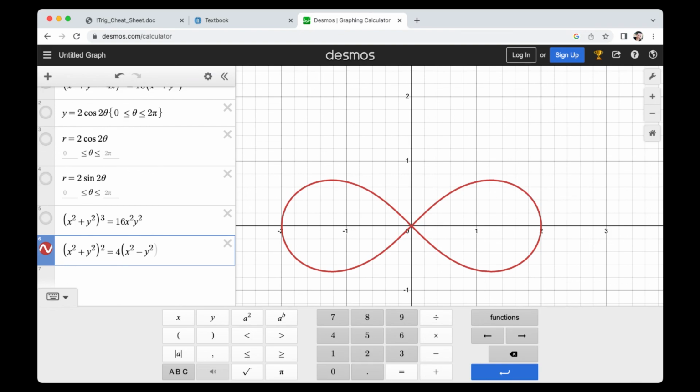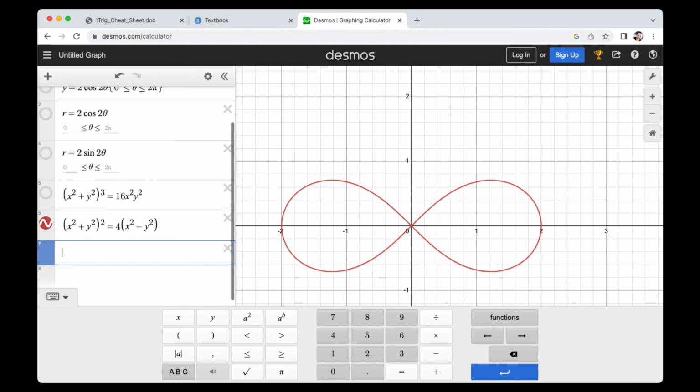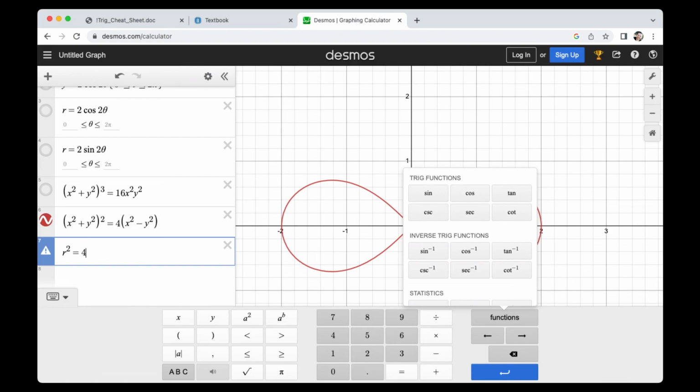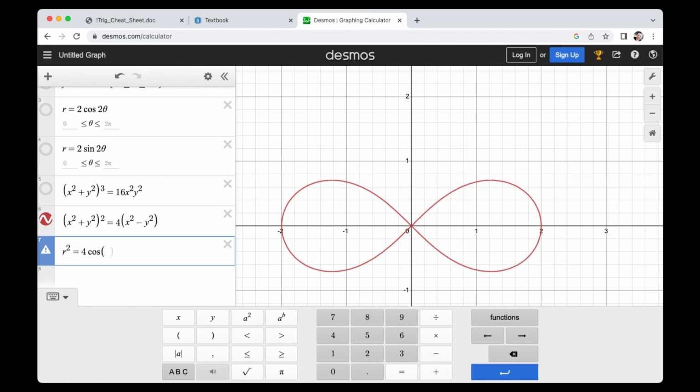Okay. There's a nice infinity sign. But what was the curve again? R squared equals 4 cosine 2 theta.